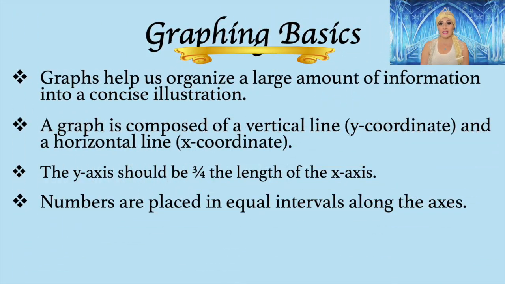Or you can increase in intervals of 3: 0, 3, 6, 9, etc. It all depends on the minimum and maximum data points you have in your data set. What you cannot do is not use equal intervals, which means jump from 0 to 2 to 7 to 12 to 35, 42, right? So each interval has to be equal for both the x-axis and the y-axis.